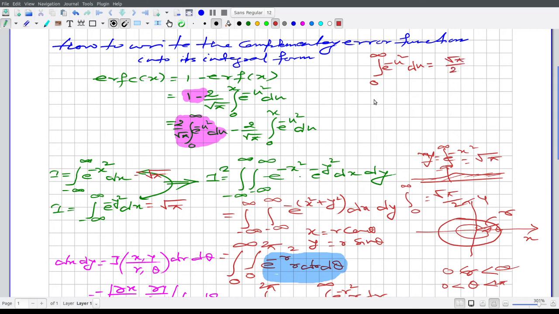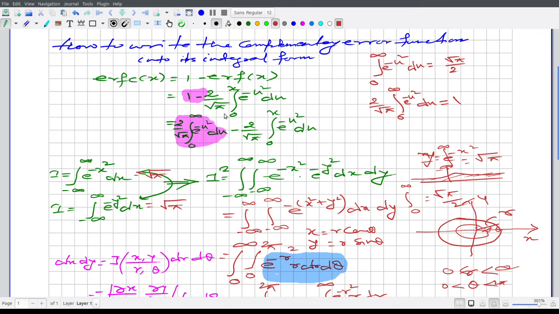So 2 by root pi times the integral 0 to infinity e to the power minus u square du is equal to 1. That's why instead of this we have written this value.